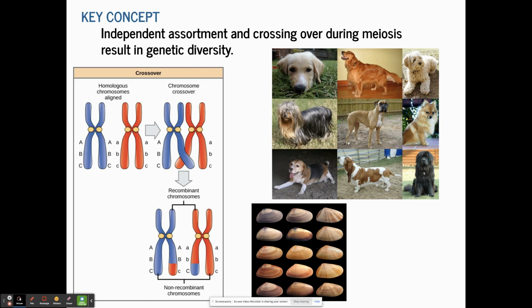Notice how in dogs, particularly, there's a lot of genetic diversity. Well, why is that? A dog is a dog. They're the same species, but they do get genetically different alleles and traits, which make them look different. Same thing with our clams.